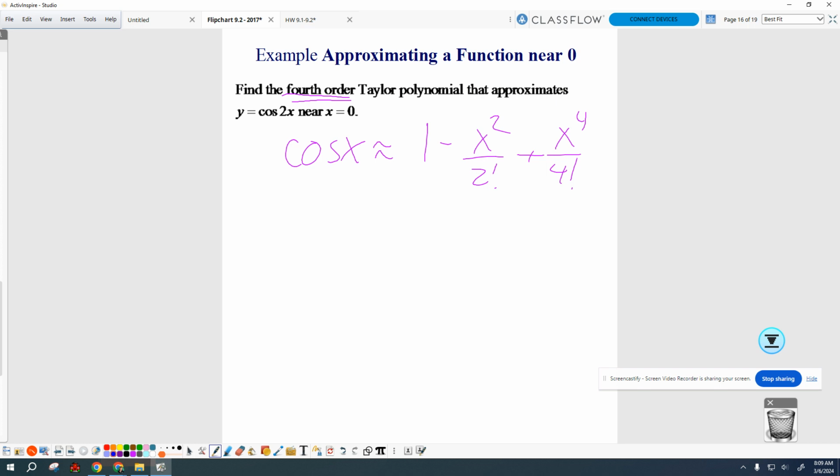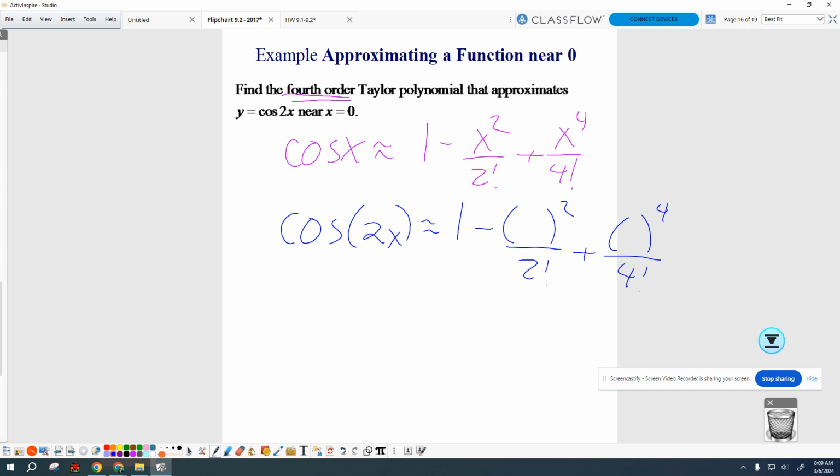Camden, I think you're gonna like this. You ready? Cosine of 2x. What do you think I'm gonna put in the parentheses that I created? There's 2x. Does that work for anything?